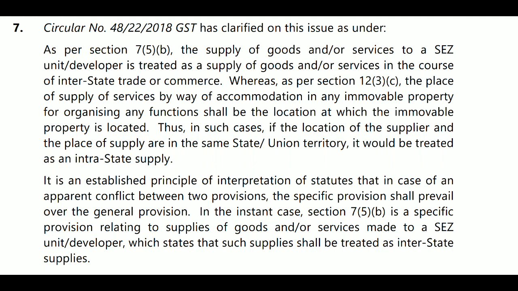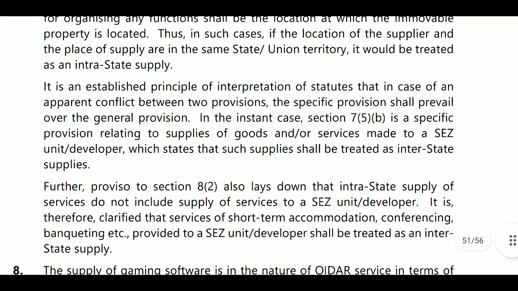It is an established principle of interpretation of statutes that in case of an apparent conflict between two provisions, one is telling that supply to such units or developers must be treated as interstate supply, but in case of immovable property, it will be treated as per section 12(3)(c), where the location of the immovable property will be the place of supply.